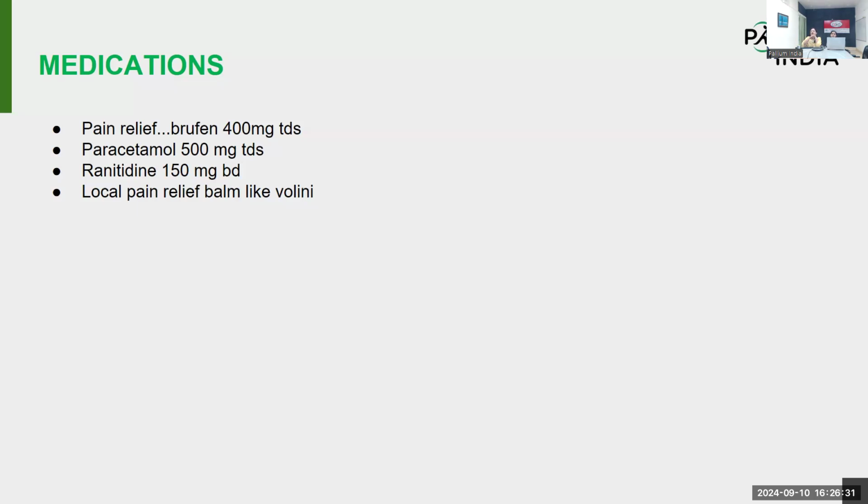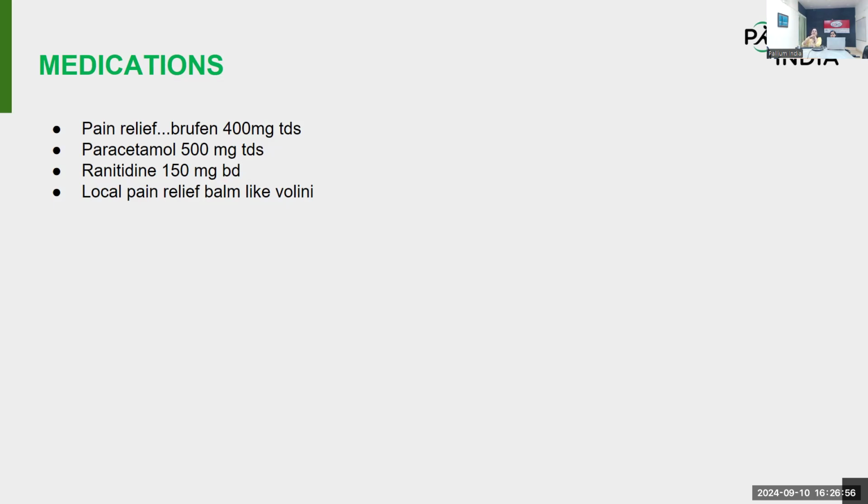We need to be more clear about the severity of the pain, and how much the patient is responding to these medications. If you still say that the patient is having severe pain, even with these NSAIDs, I would say, no doubt, we need to escalate to step 2 and see the response to the medication.